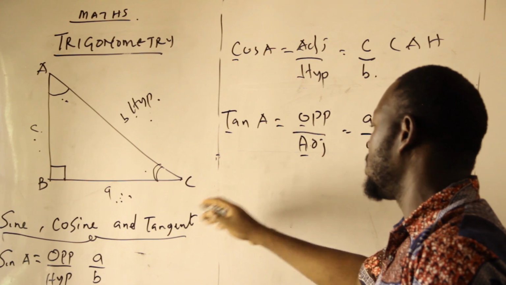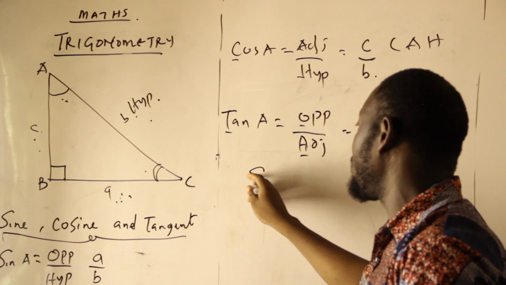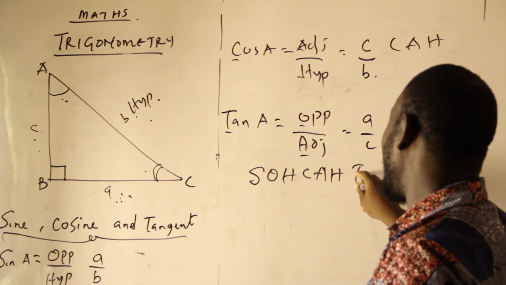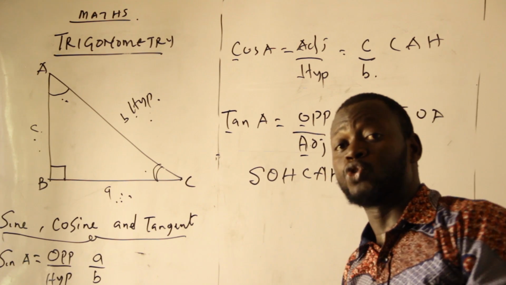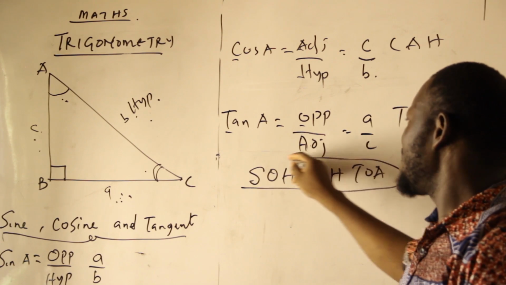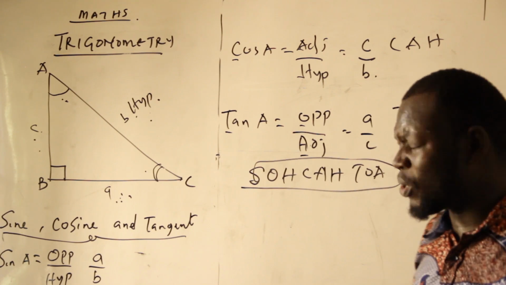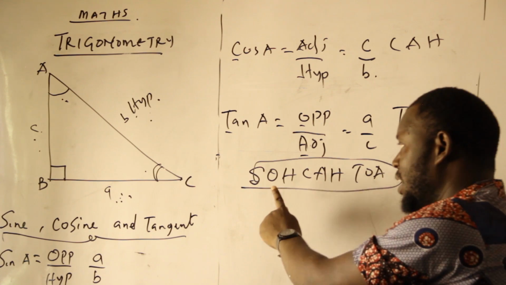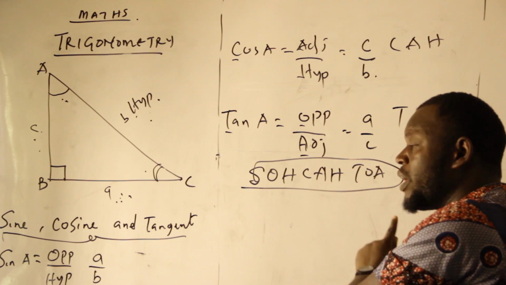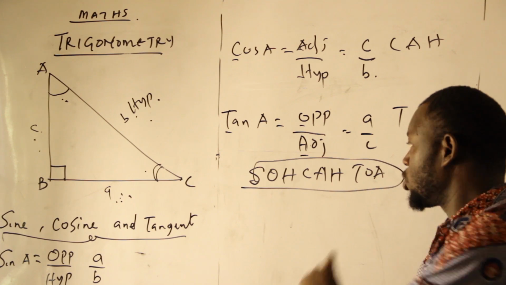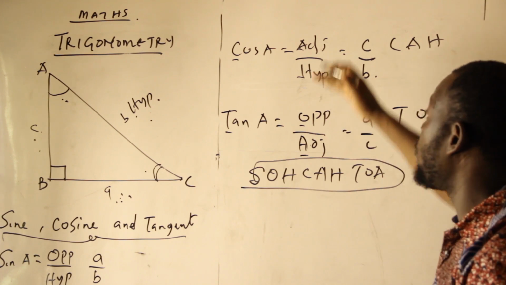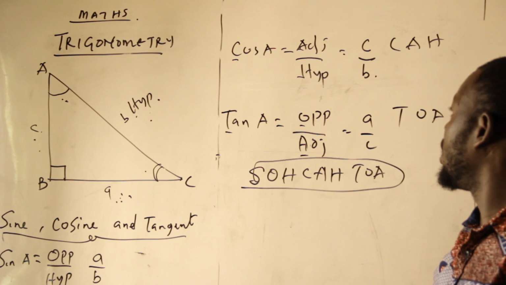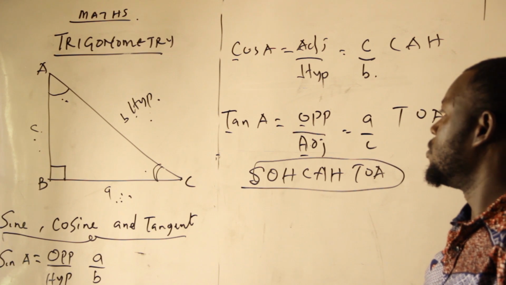Then they brought everything together and we have Sohcahtoa. That is what they call Sohcahtoa generally. So bear that in mind. Get the spelling. It is Sohcahtoa. Once you have this Sohcahtoa, you definitely can work around these things to make it work. This is the introduction.